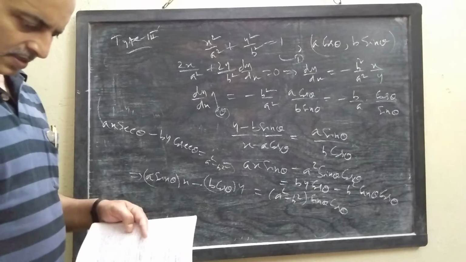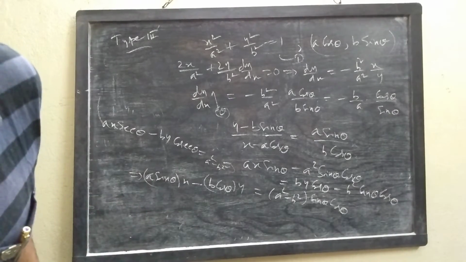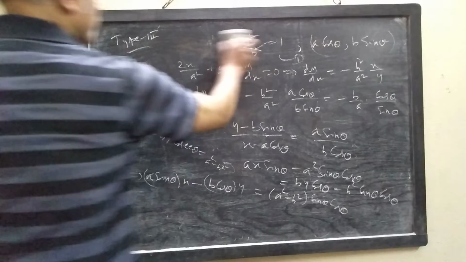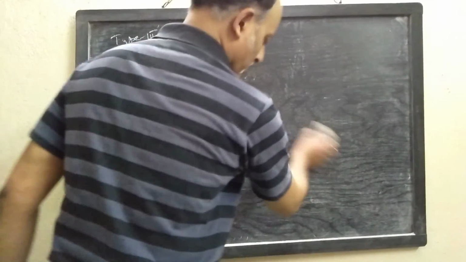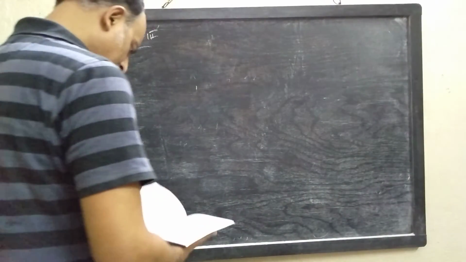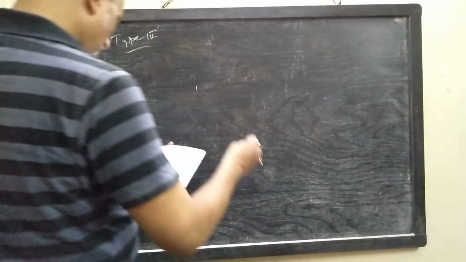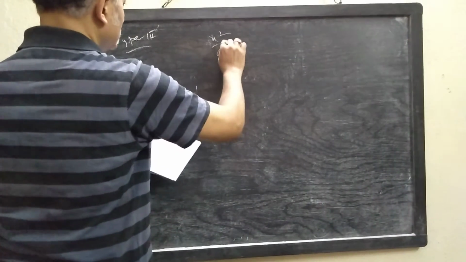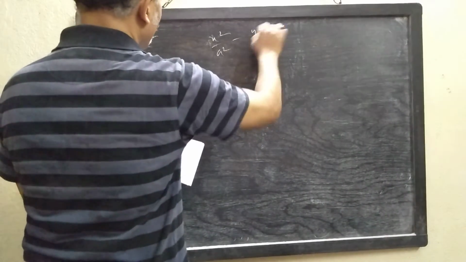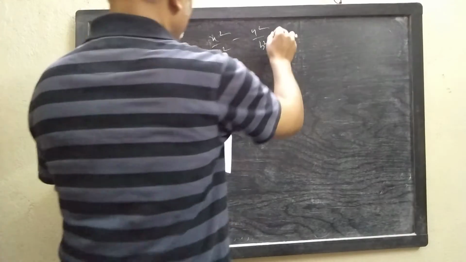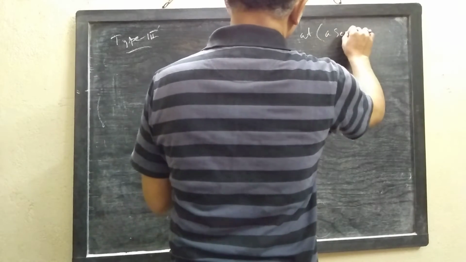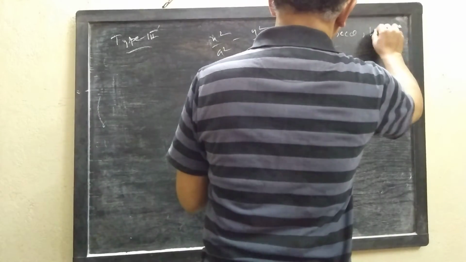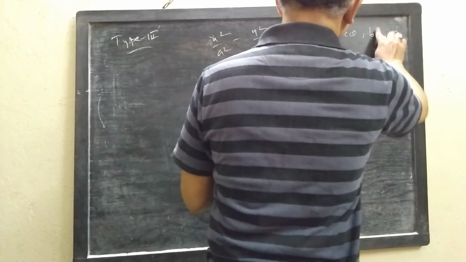So, in this way, you can find equations of tangents and normals to the hyperbola also: x square by a square minus y square by b square equals 1 at the point (a sec theta, b tan theta). You know the parametric point on the hyperbola is this, (a sec theta, b tan theta).